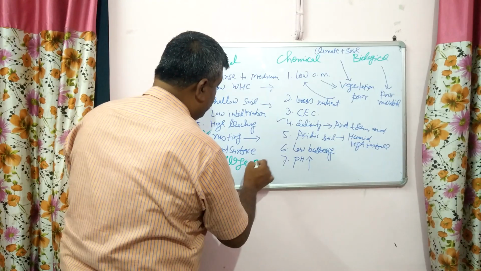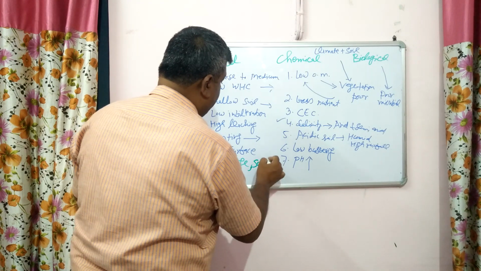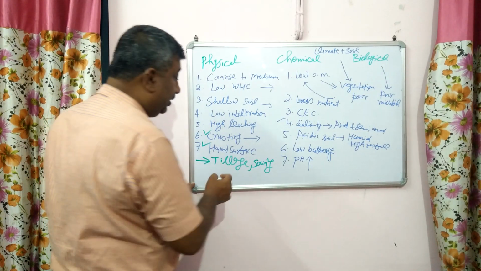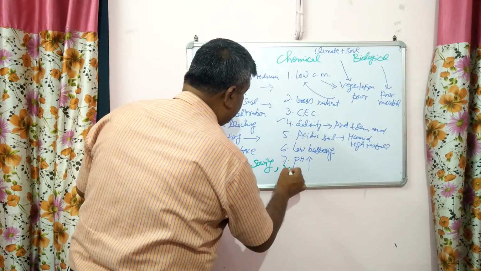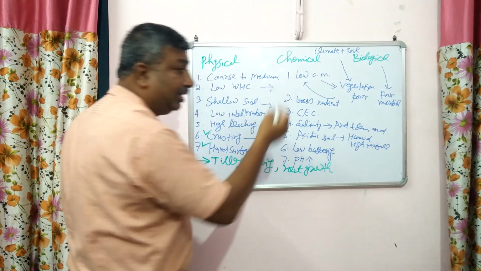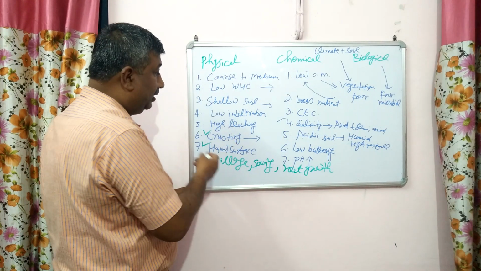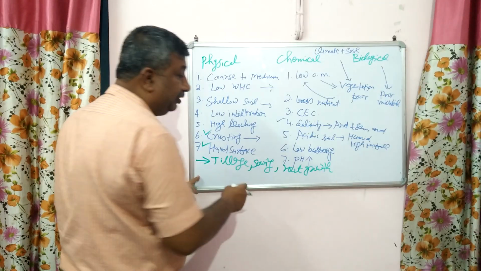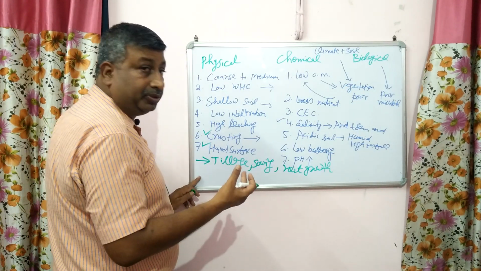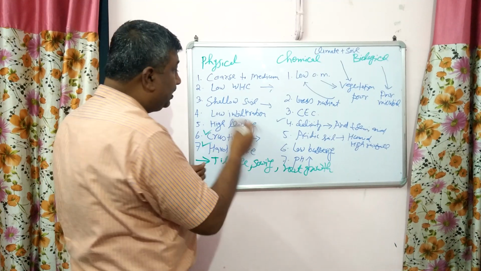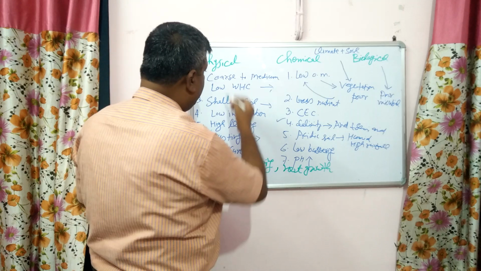Then there is a sowing problem, and because of crusting, there is an emergence problem. Then root growth is restricted because of hard layers, shallow soil, and low fertility. Then shoot growth is poor, so overall growth is poor. Intercultivation is also very difficult.